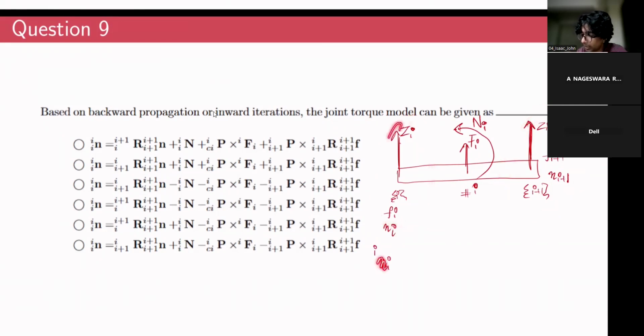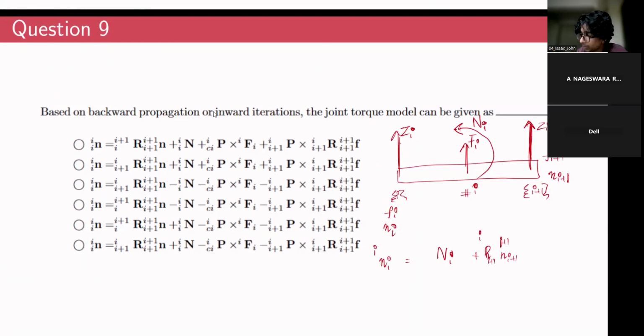So the moment here would be the sum of the inertial moment, that is Ni, this portion, and then we'll have the moment contributed by Ni plus 1. This is obviously represented with respect to the I+1 frame. But since we want everything to be represented with respect to the I frame, we have to pre-multiply this with the correct rotation matrix. That will be I+1 with respect to I.